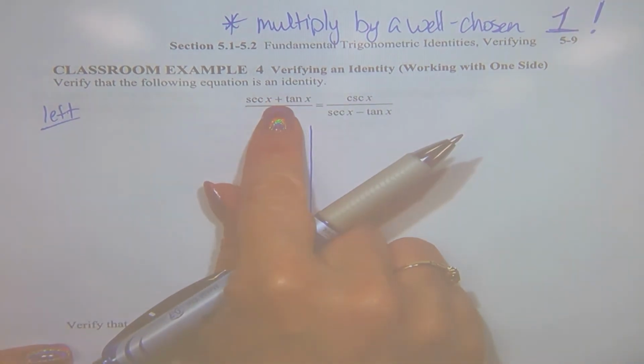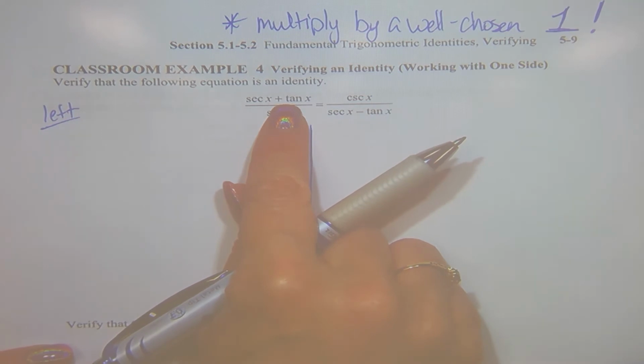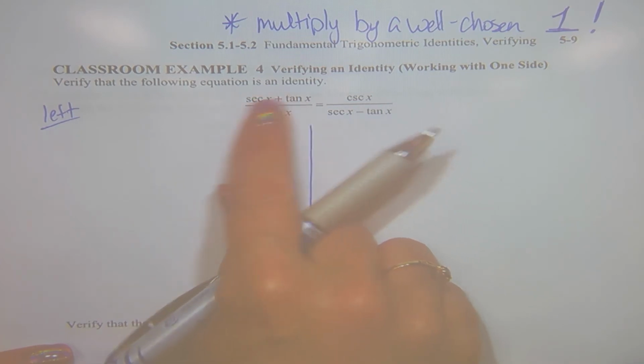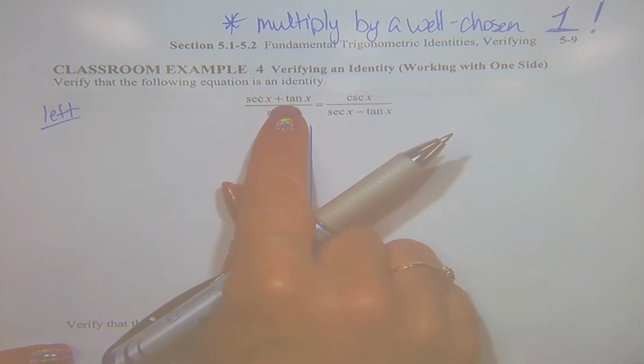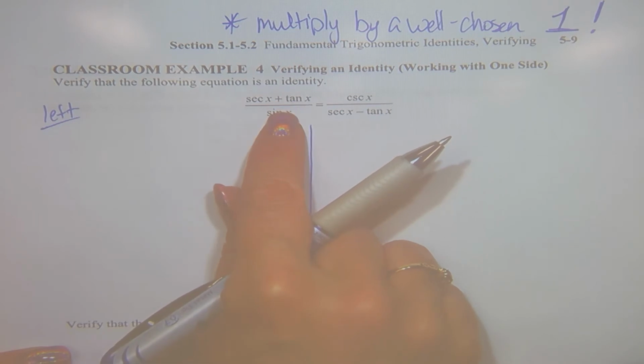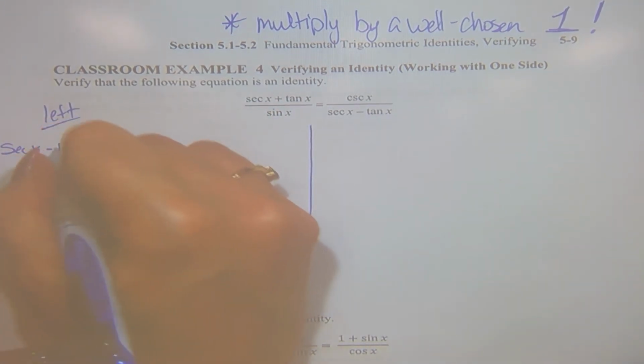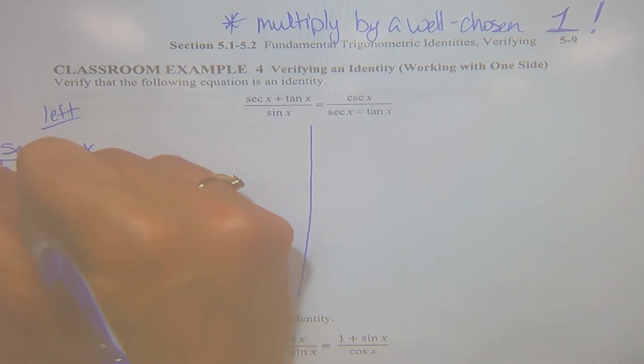All right, secant x plus tangent x, I'm going to use the conjugate. I'm going to introduce the conjugate of that so that I can come up with difference of squares, because this reminds me of my Pythagorean identity, but I need those trig functions to be squared in order to use that identity. So I'm going to multiply this by a well-chosen 1, and my well-chosen 1 is secant x minus tangent x over itself.